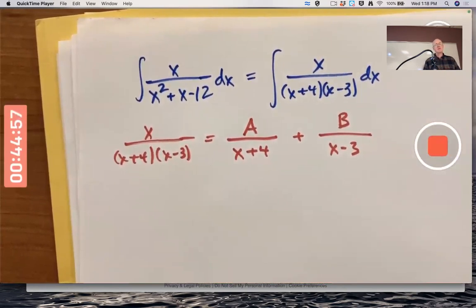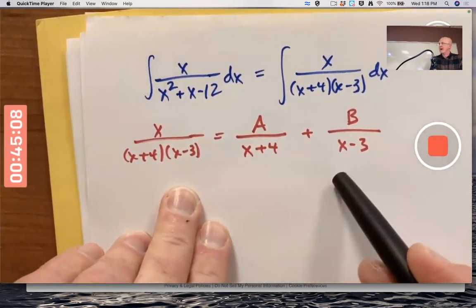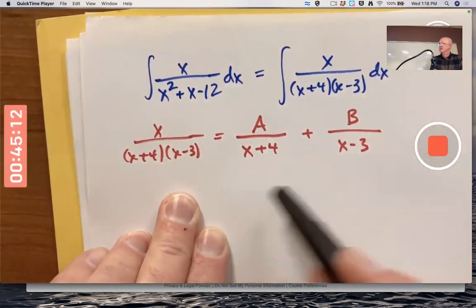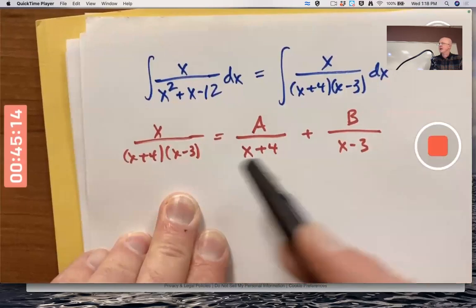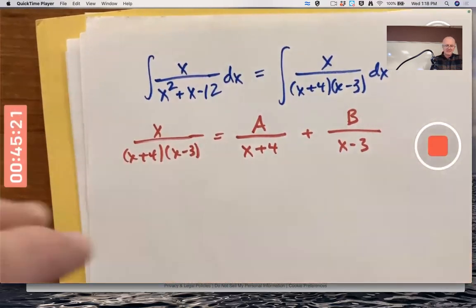And it does work. You've got to solve for A and B. You've got to figure out what they are. You want this equation to be true no matter what x is. You want these to be equal functions of x, as long as you're not dividing by 0, which will introduce something confusing, but hang on here.